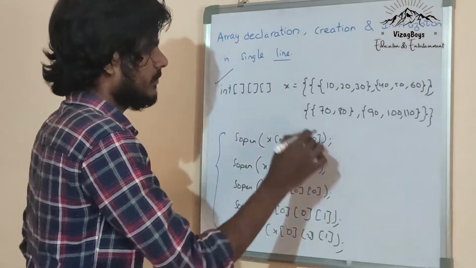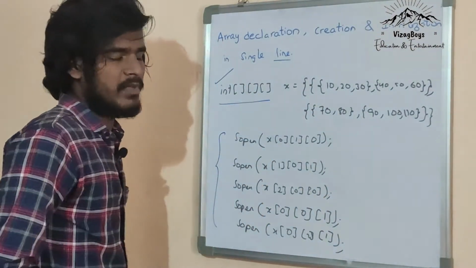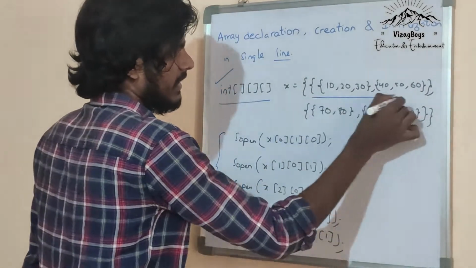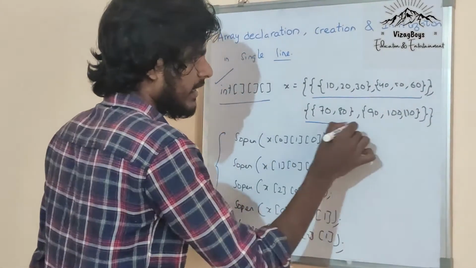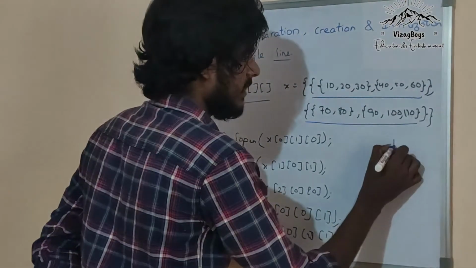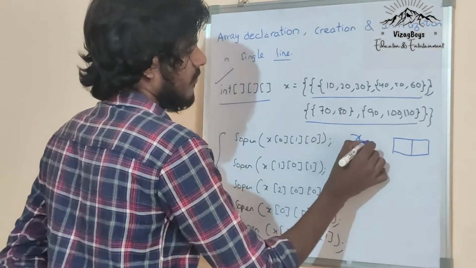Okay, first, here is the three-dimensional array. What is the base size? It is a two-dimensional array. X is the reference variable for that.